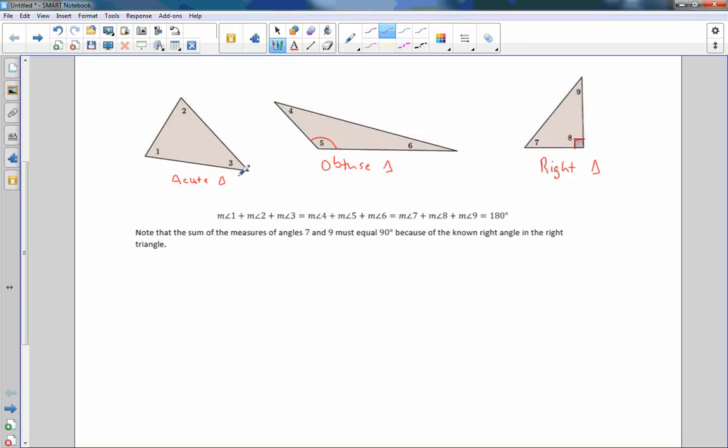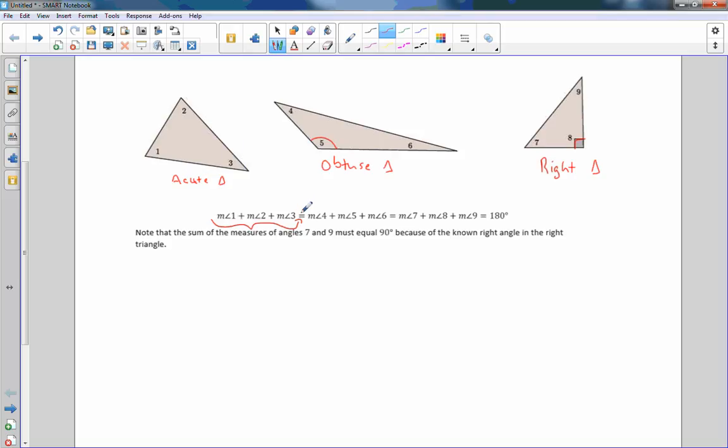So no matter what, if you have an acute triangle, or an obtuse triangle, or a right triangle, if you have a triangle on a flat plane, then the sum of the measures of the angles is always 180 degrees. So the measure of angle 1 plus the measure of angle 2 plus the measure of angle 3.